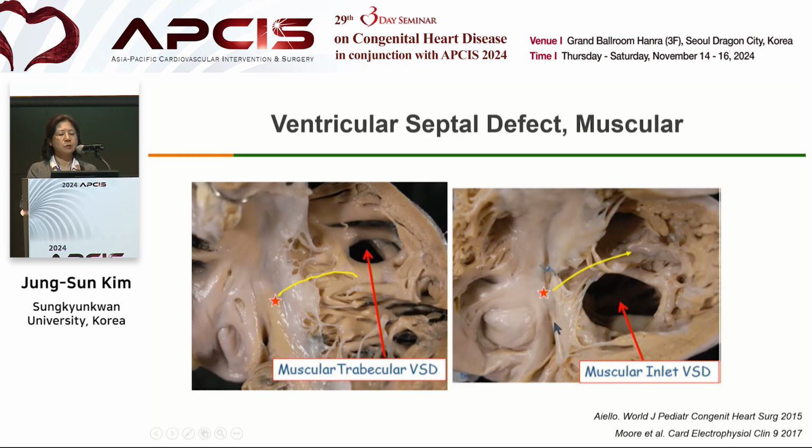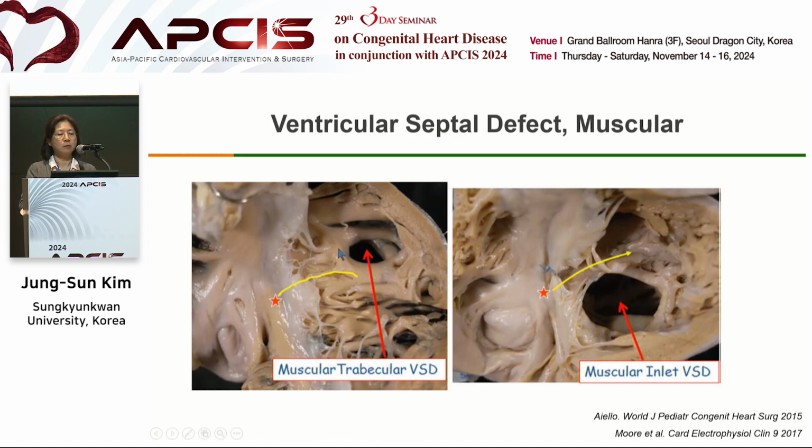These two hearts show muscular VSD, but the defects are positioned in different parts of the septum. The position of the AV node here is the same as that of the normal heart as well as the VSD-PM. The yellow line, the location of the atrioventricular bundle, runs differently.